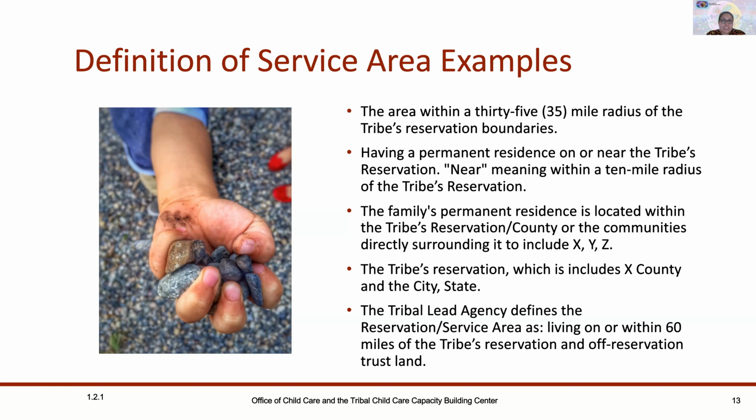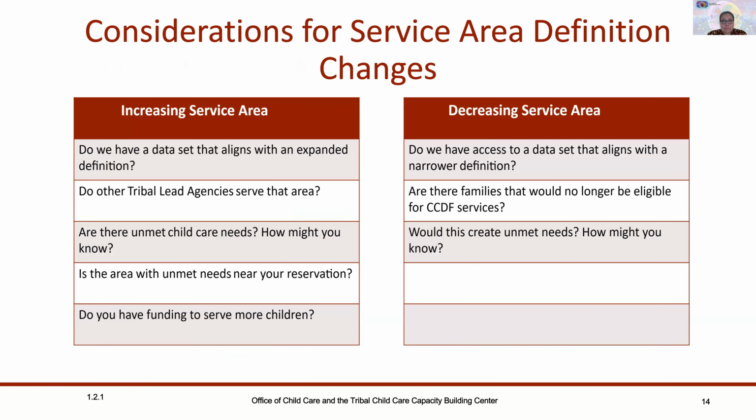The tribe's reservation, which includes X county and the city and state. The tribal lead agency defines the reservation service area as living on or within 60 miles of the tribe's reservation and off-reservation trust land. Next slide.